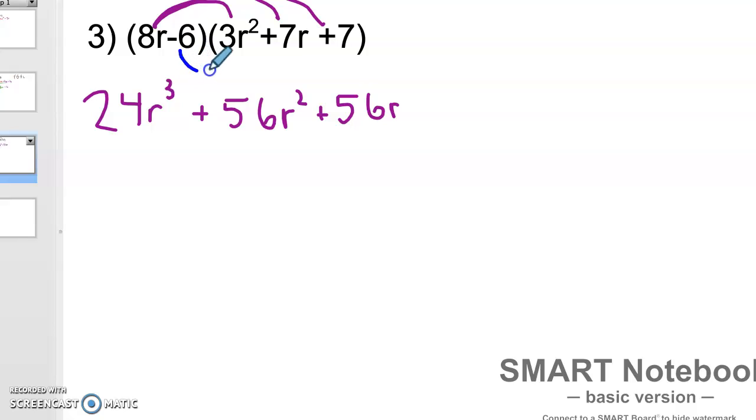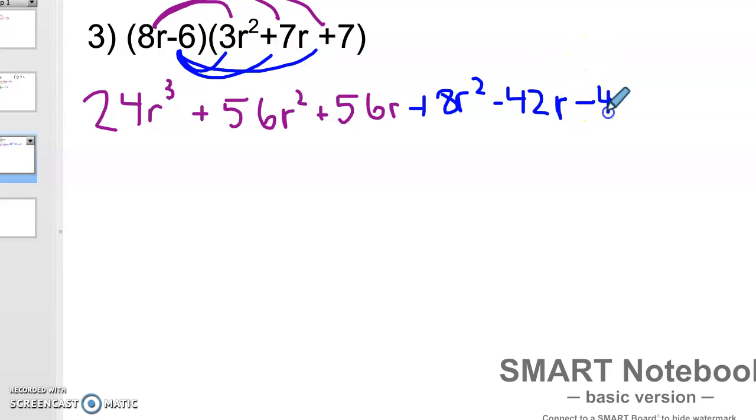So we have negative 6 times 3r squared, which is negative 18r squared. And then we have negative 6 times 7r, which is negative 42r. And then we have negative 6 times positive 7, which is just negative 42.